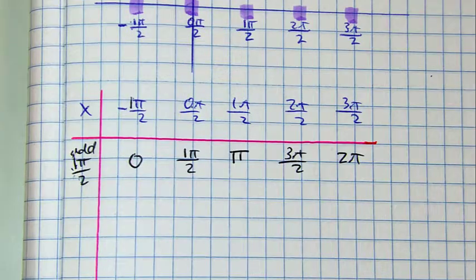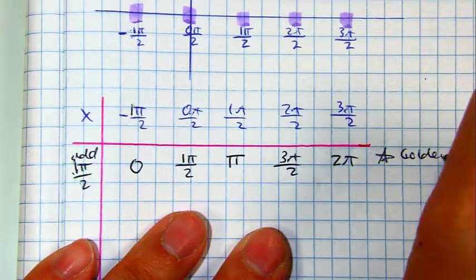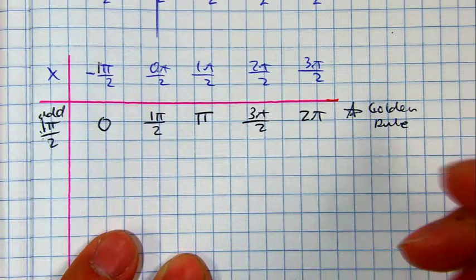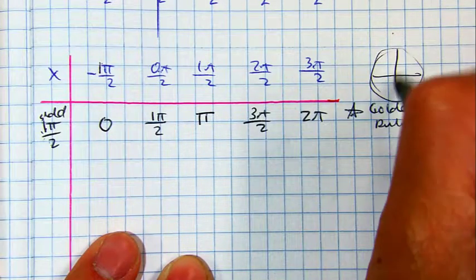Yay! We have our golden row. I just made that up. I call it the golden row because it's the unit circle. It's the quadrantal angles on the unit circle.